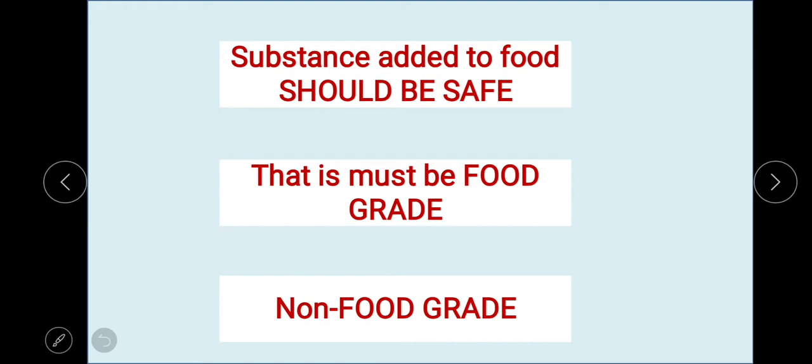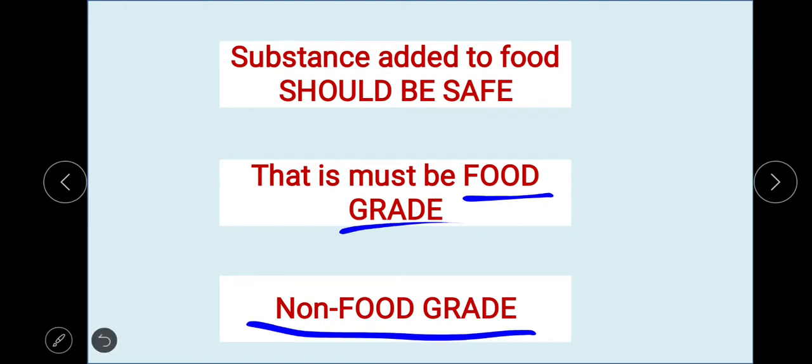There are compounds that are food grade, and there are also compounds that are not food grade. Because we are studying compounds, we need to study that compounds added to food are food grade, while compounds that are not added to food are not food grade, no?